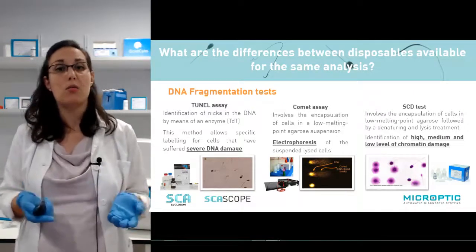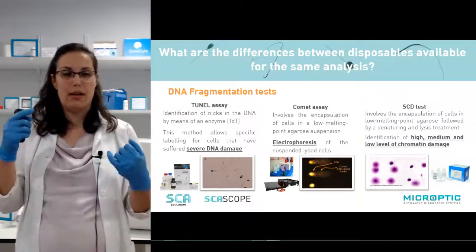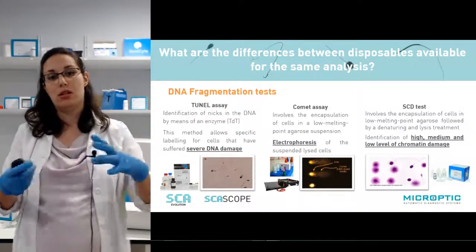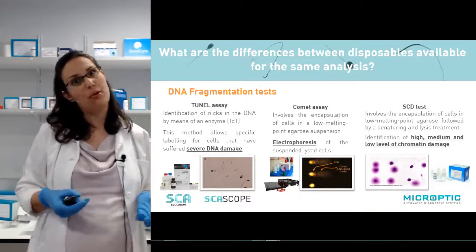Okay. In the same way, for doing the comet assay, you will need to use the electrophoretic gel. You will need to use the electrophoretic machine, which is not easy to find in andrology laboratories.